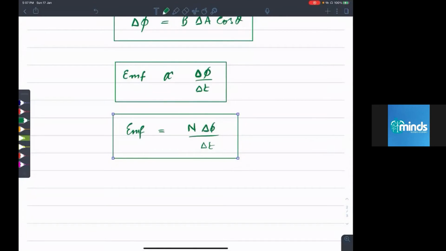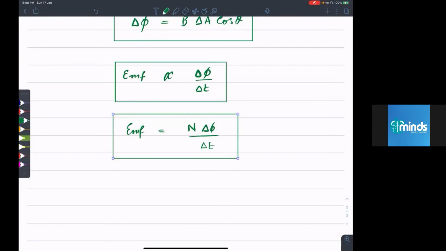The induced EMF stays as long as the flux is changing and becomes zero when the flux becomes constant. Do you agree? I can repeat. Whenever flux is changed in a coil, induced EMF is generated. This induced EMF lasts till the flux is changing and becomes zero as soon as the flux becomes constant.